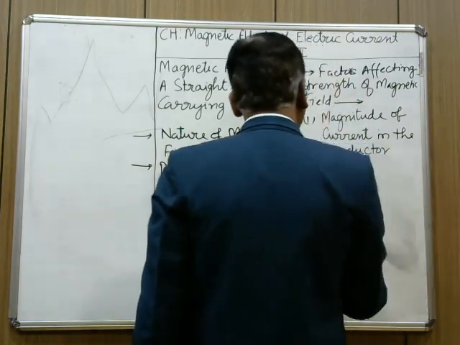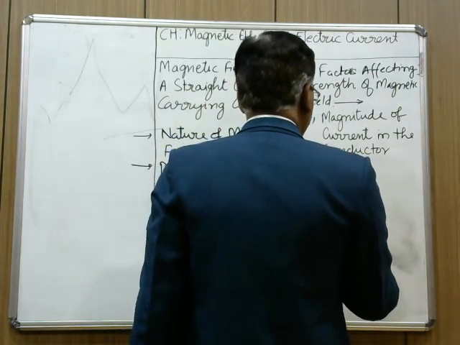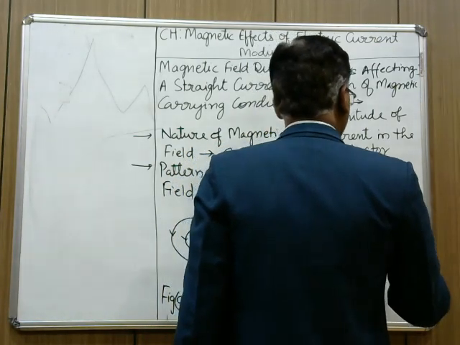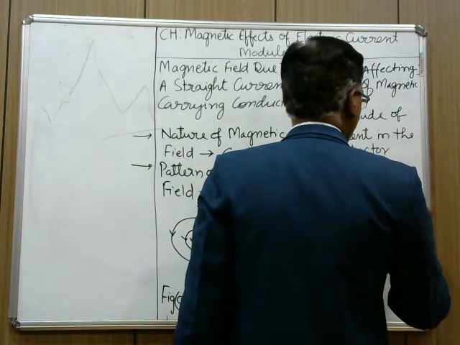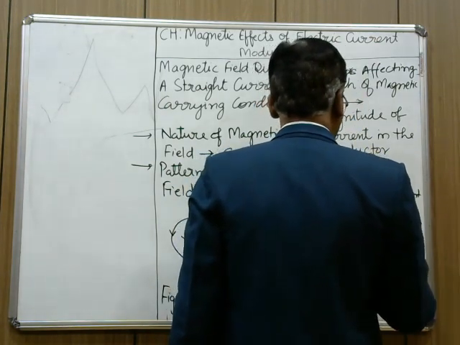And second point is the distance of a point from the conductor.